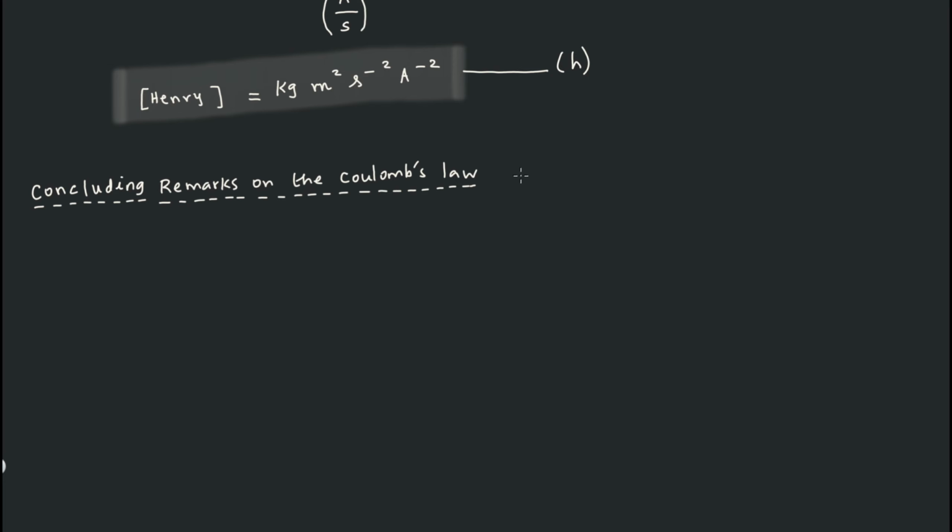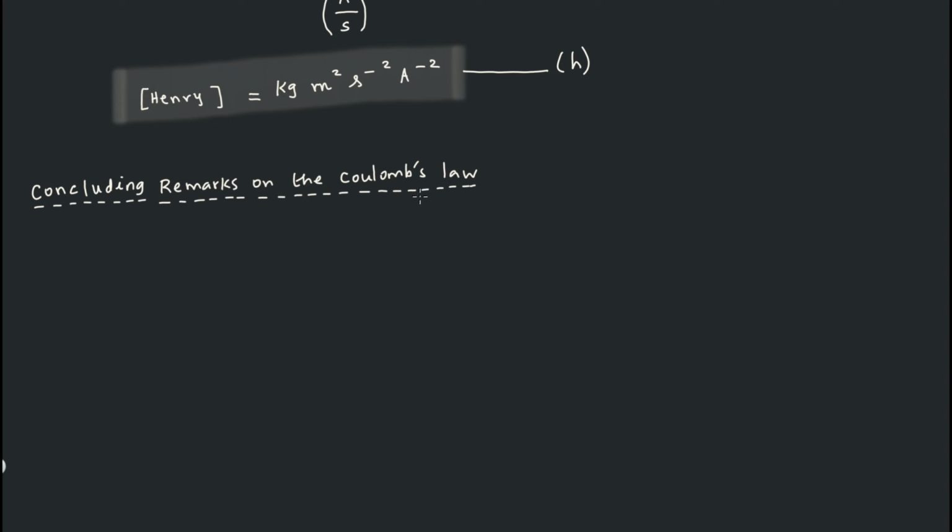Okay, after having discussed the SI base units and the derived units, and in particular how to express these electromagnetic units in terms of the base units, let us now make some concluding remarks on Coulomb's law so that we can conclude this particular lecture.